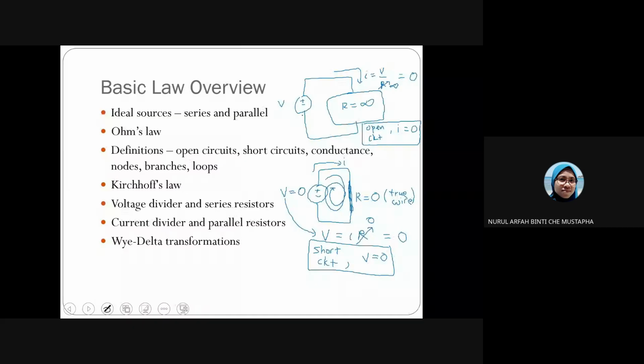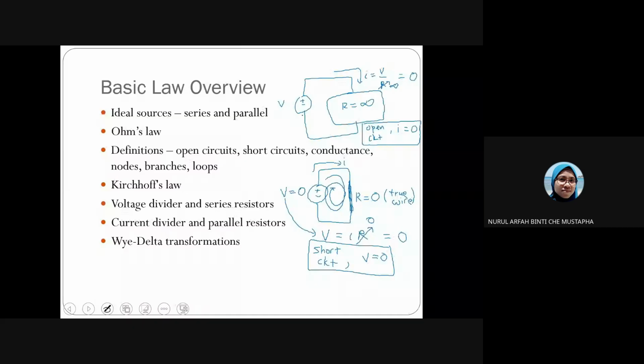If you want to use Ohm's law, you can apply it: V over infinity, you get zero. With a very big resistance, an open circuit, the current is equal to zero by applying Ohm's law.